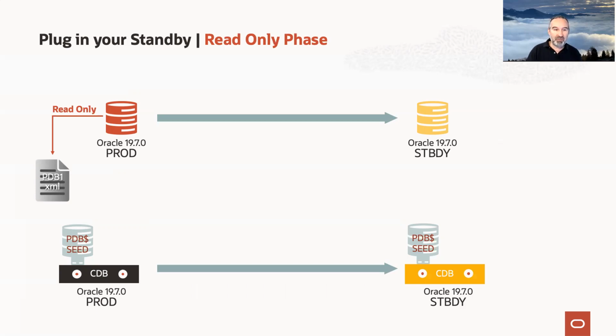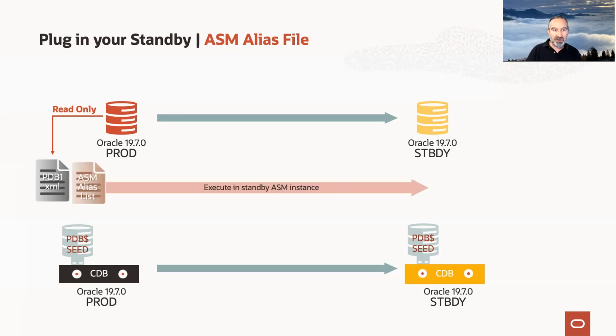And before I can plug in, I need to create an ASM alias file. So this ASM alias file has now all the file paths and a matching table. We need this on the standby because ASM files are OMF files.